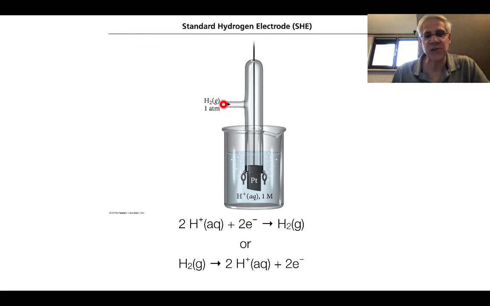We have our H2 gas being pumped in here, so this is sealed where the wire comes in. It's platinum wire. So the hydrogen comes in, it comes down, it bubbles over the platinum, and it exchanges electrons in equilibrium between the acid and the gas. And so there's all kinds of exchanges of electrons there. But that gas has to be at 1 atmosphere as well in order to be under standard conditions.